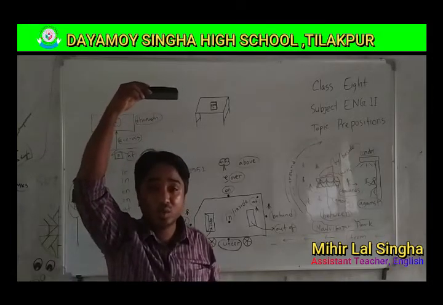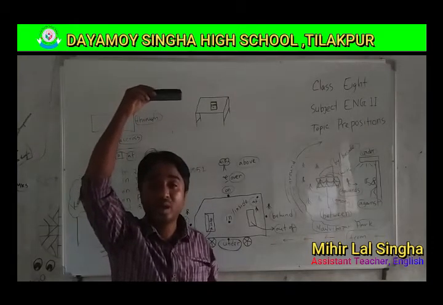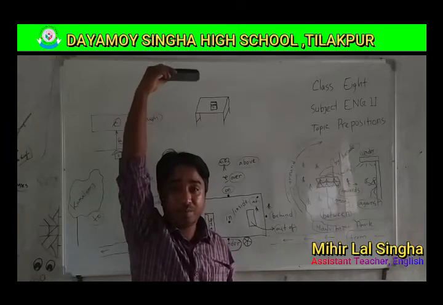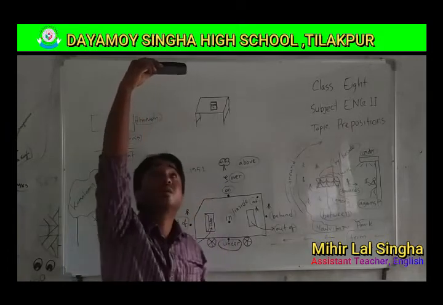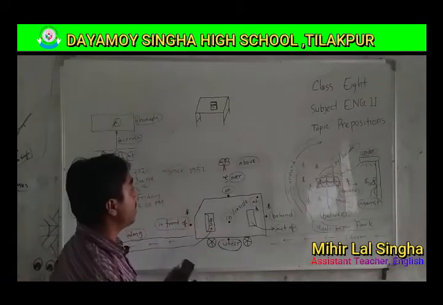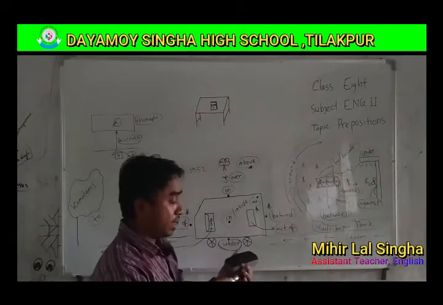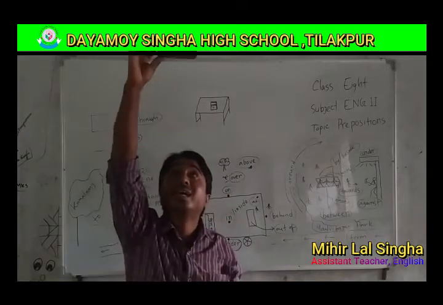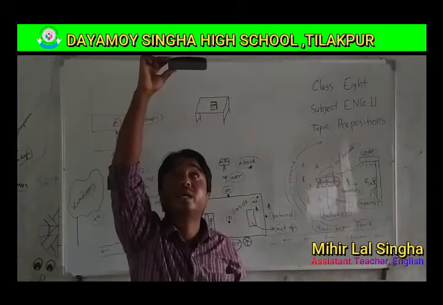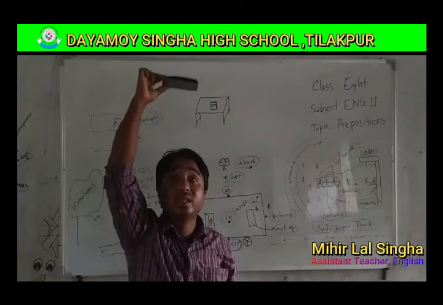So what can we use now? Now we have to use the word above. Okay, above. So when there is no attachment, we have to use the preposition above. And remember that the duster is above my head, that means it is still. The duster is still, it is not moving.